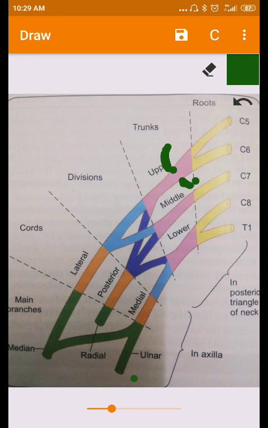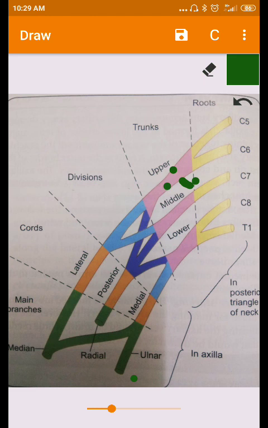And also the point of origin of the branches from the upper trunk is called Erb's point. This is called Erb's point, where all the branches are coming from.